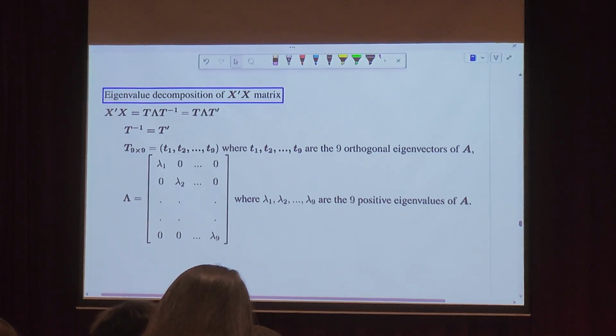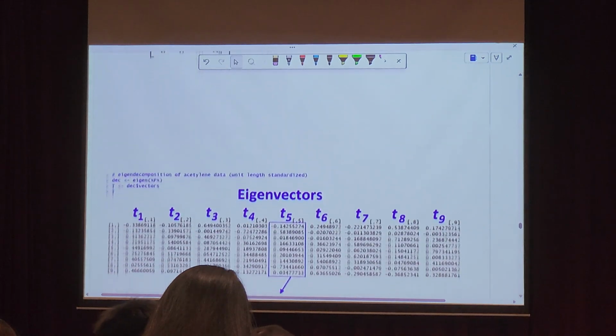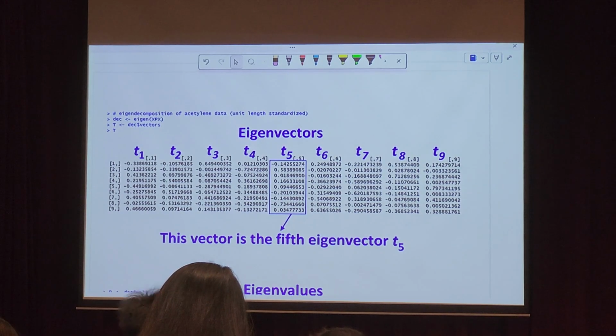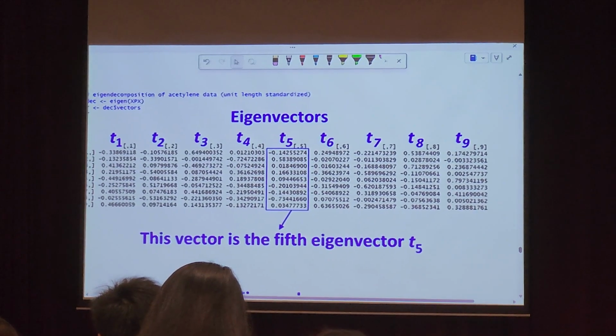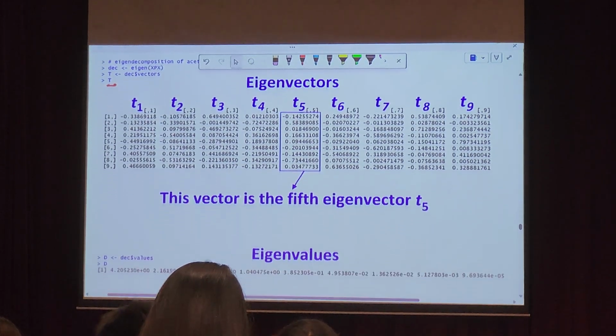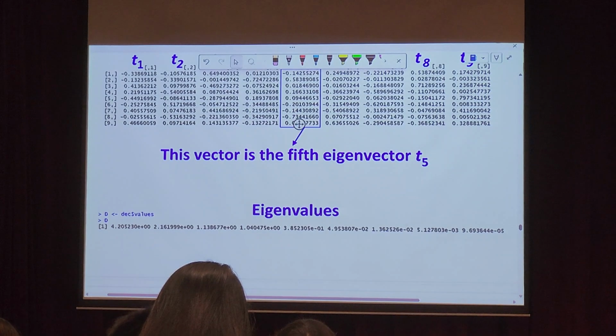But what is of interest is really this x times t. So this is the set of eigenvectors. I don't know if you can see anything from here, but I can print it out to see all the eigenvectors. Actually, eigenvectors here is not so exciting. What is exciting is the eigenvalues.